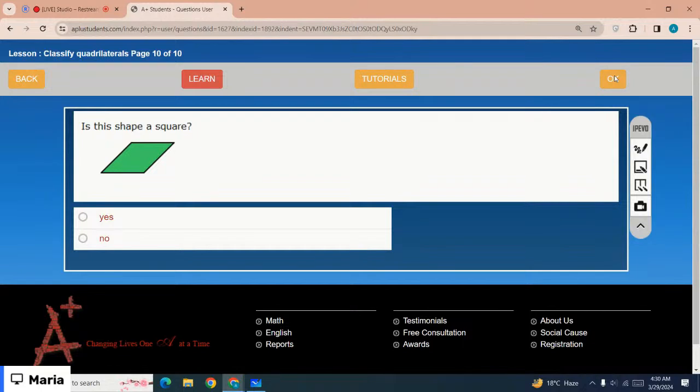The correct option is no, this is not a square.